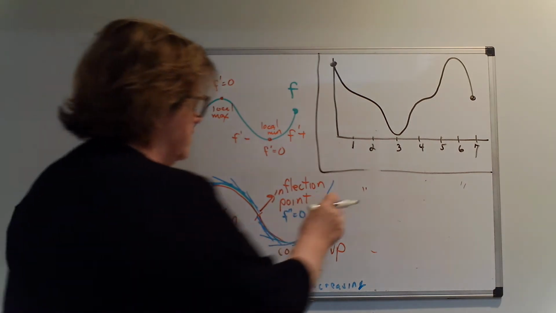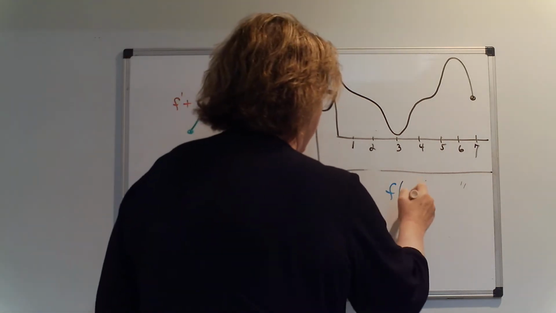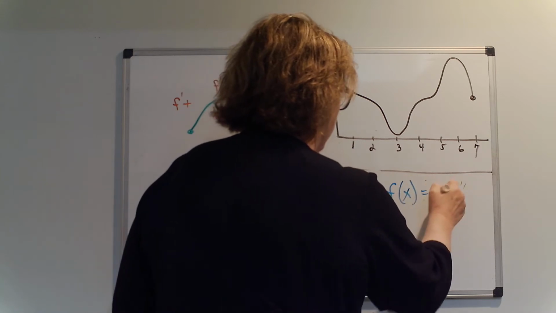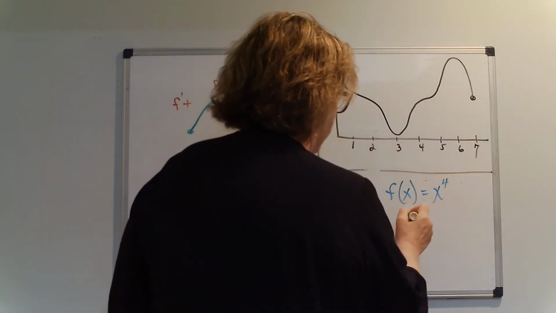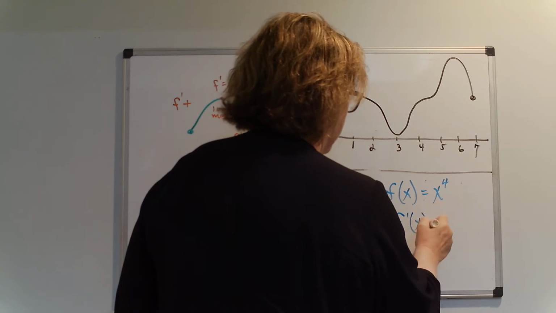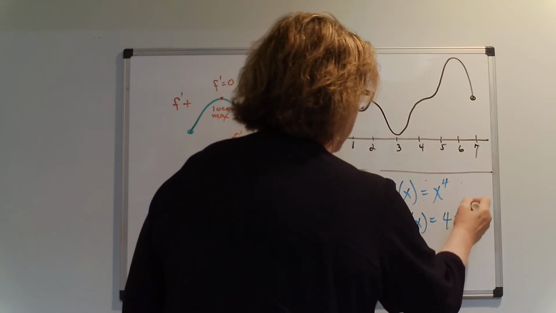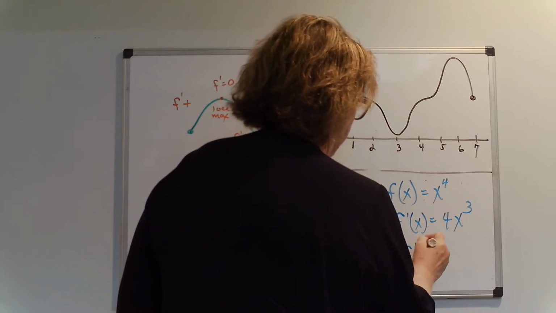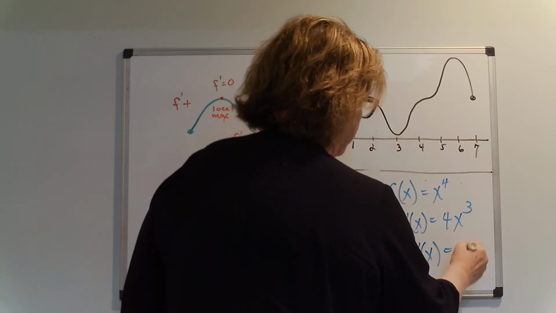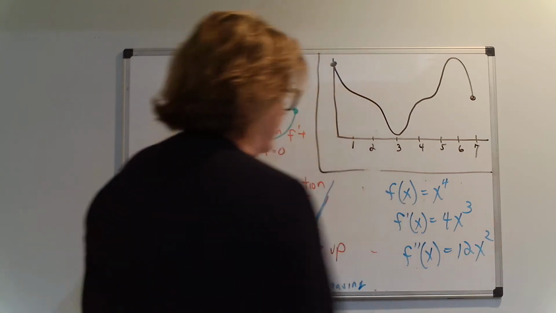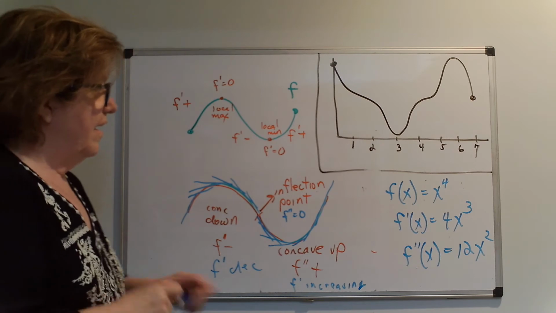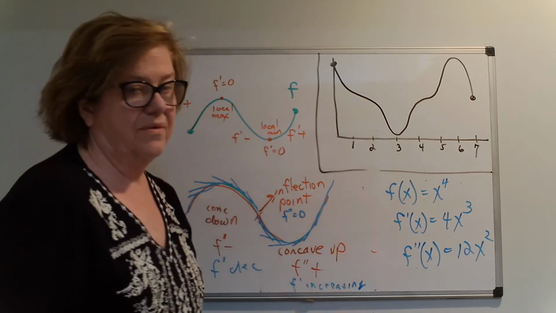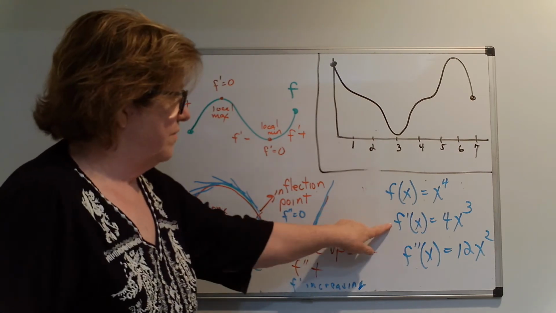if I have the function f of x equals x to the 4th, we take the first derivative, that's 4x cubed. We take the second derivative, that's going to be 12x squared. At every one of these places, the derivative is 0.